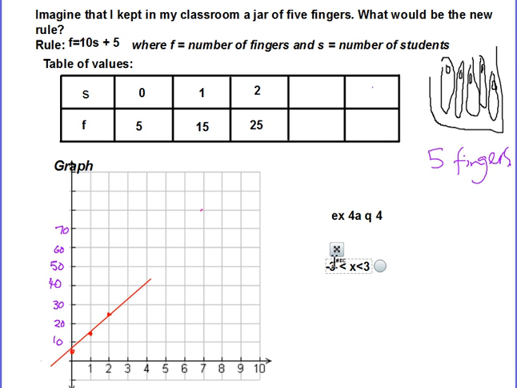If you see an expression like this, actually I think they use less than or equal to, all that means is that your table of values needs to go from negative 3, so your first value would be negative 3, then negative 2, negative 1, 0, and so on, to positive 3. And on your number plane, you also need to set up your number plane so that it'll have part of the second quadrant going from negative 3 to positive 3.